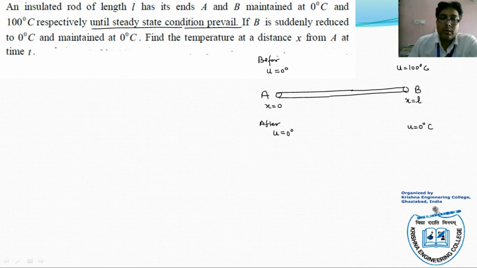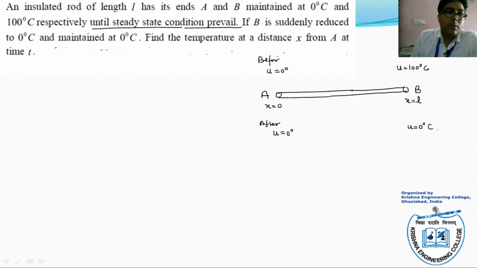Clear? Before, the temperatures are 0 and 100 degree Celsius, and after, they will be 0 and 0 degree Celsius maintained at 0 degree Celsius. Clear?